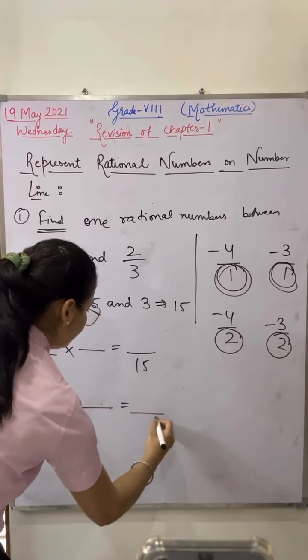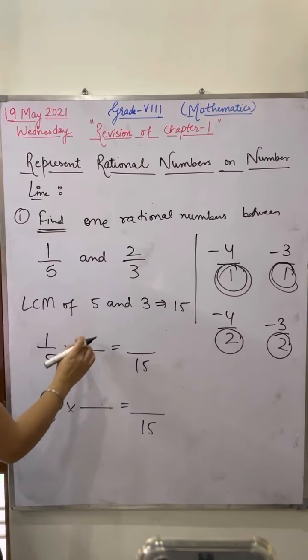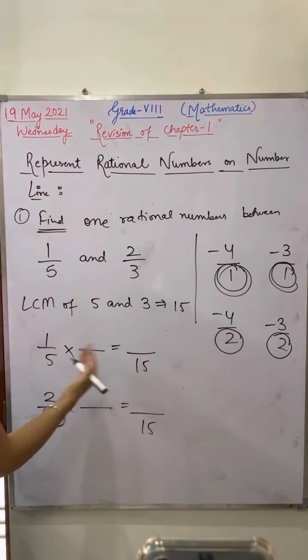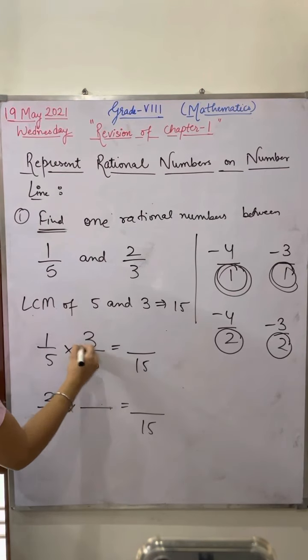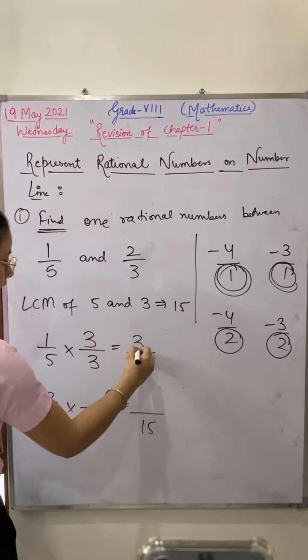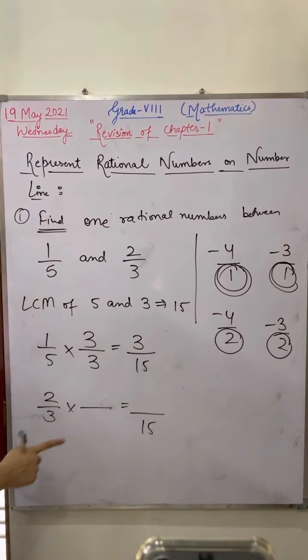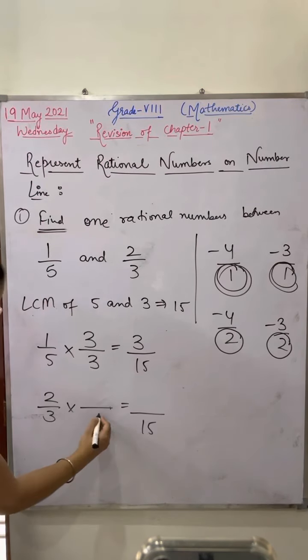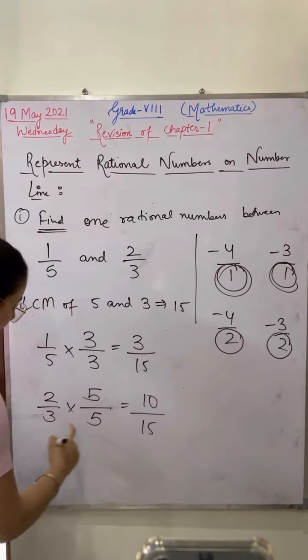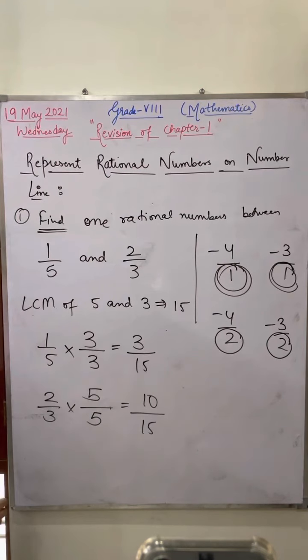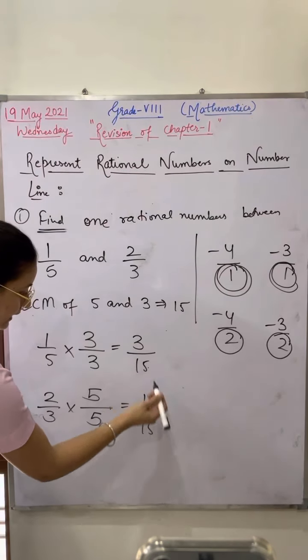Here also I will get 15. 5 3s are 15, so I'll multiply here with 3. It will be 3 upon 15. Now I have to multiply and divide with which number so that I'll get 15. 3 5s are 15, so 5 will come here also. 2 5s are 10 and 3 5s are 15. Now I have the same denominators.